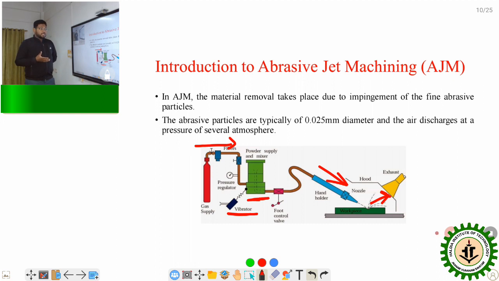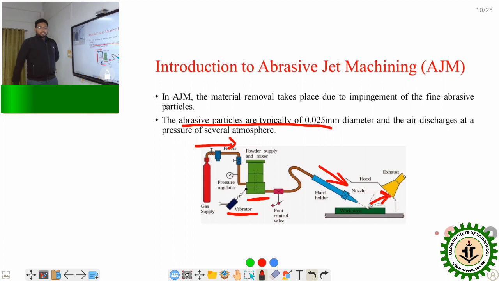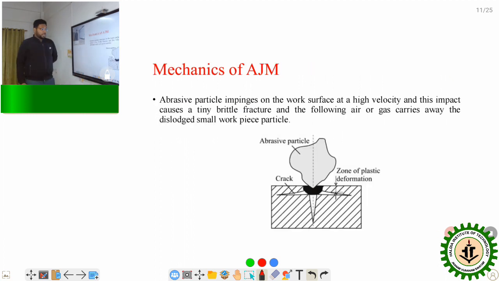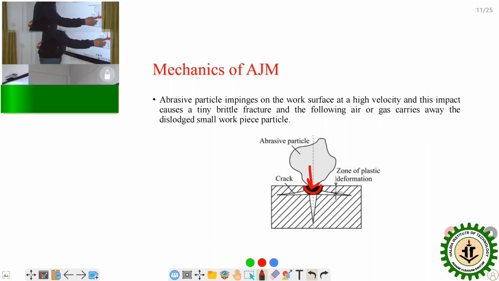So basically the working principle of the abrasive jet machining and the water jet machining are quite similar. In this case, the abrasive particle we use as the cutting tool. What happens when the abrasive particle strikes on the surface of the workpiece, it will create a cavity.